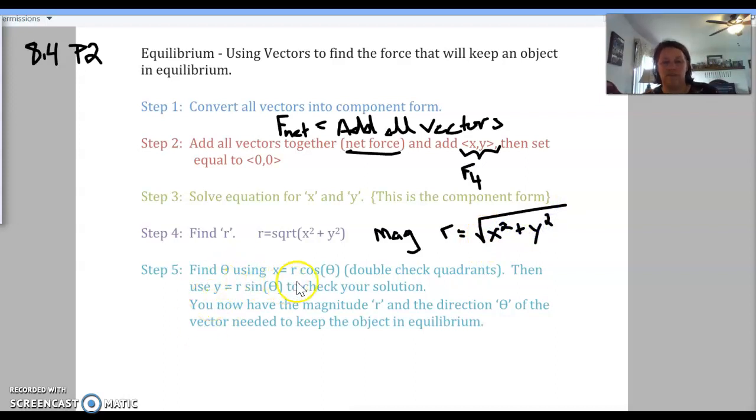And then find theta using our equations x equals r cosine theta. Double check your quadrants, make sure you're in the right area. Then use y equals r sine theta to check your solution. You have now the magnitude r and the direction theta of the vector needed to keep the object in equilibrium. Okay, so we'll move on to the examples now.